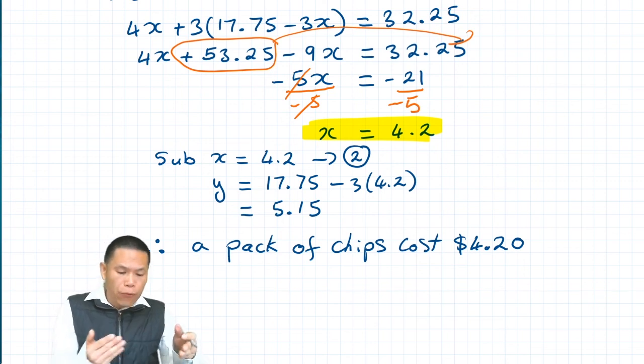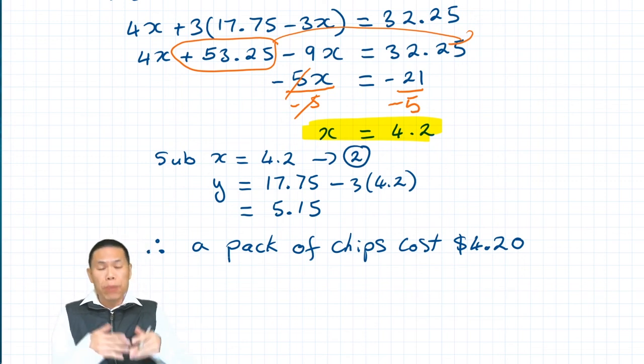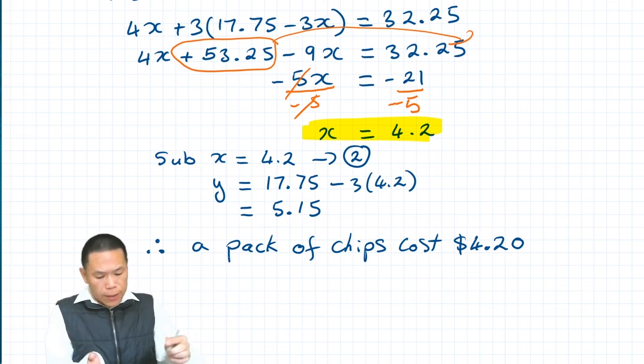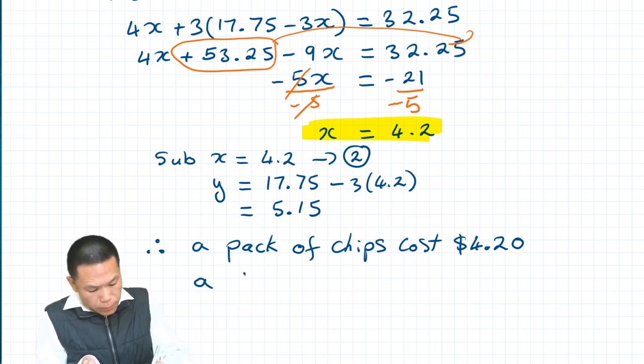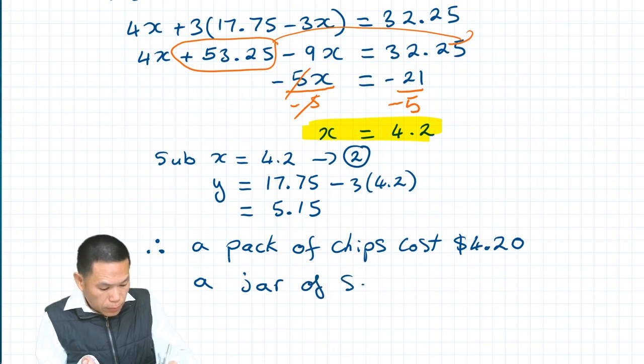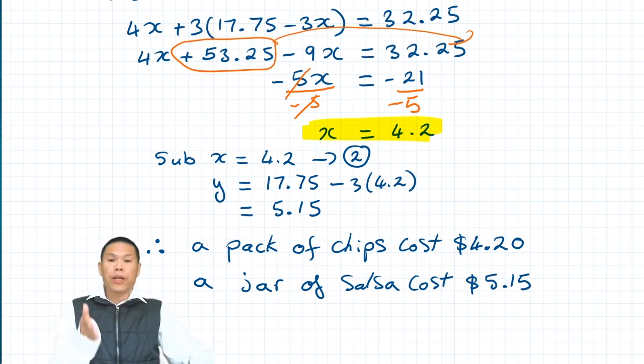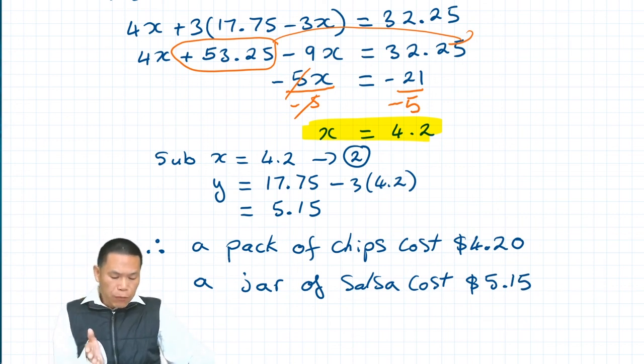Okay, so we know x is 4.2, but because we're dealing with money, we use 2 decimal places. There you go. A pack of chips costs $4.20, and a jar of salsa costs $5.15.